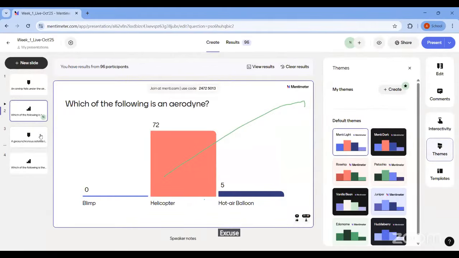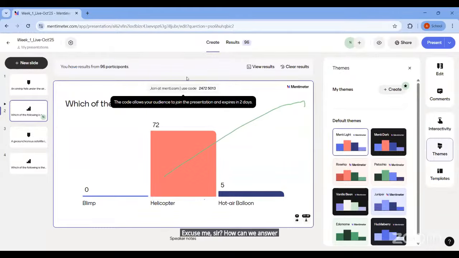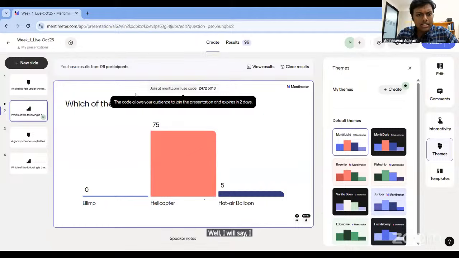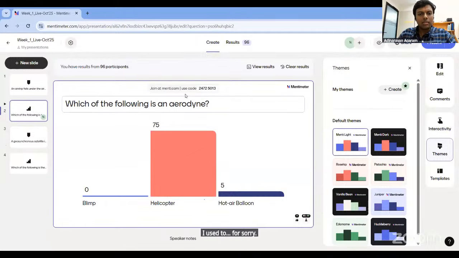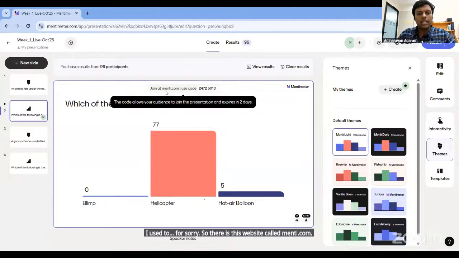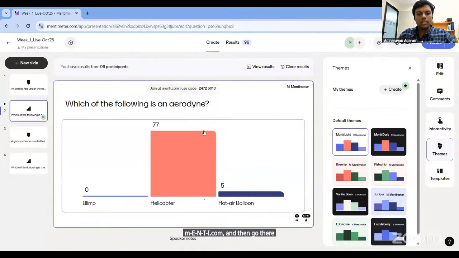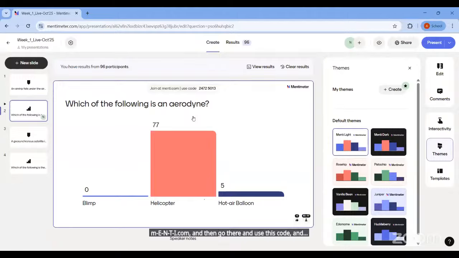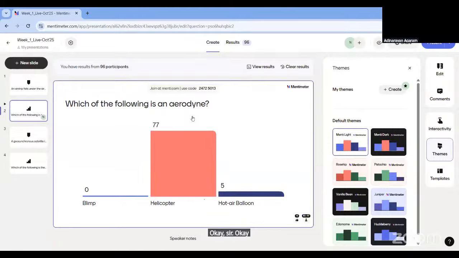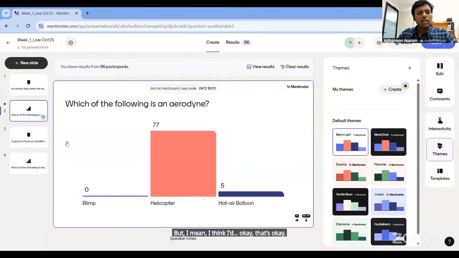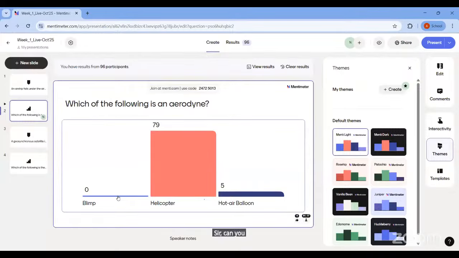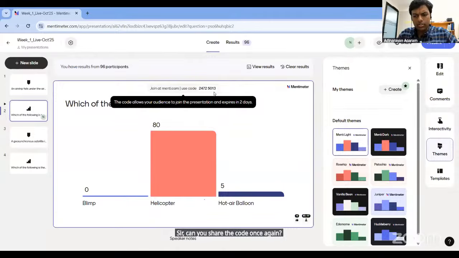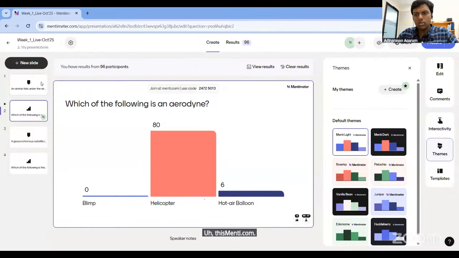Excuse me, sir. How can we answer this question? So there is this website called menti.com. Go there, use this code, and then answer the question. Is that clear? Okay. Sir, can you say the code once again? The code is written here. One second. I guess you're able to look at my screen.